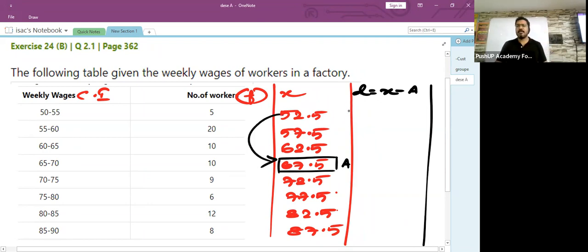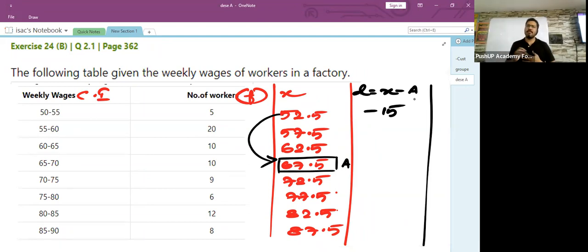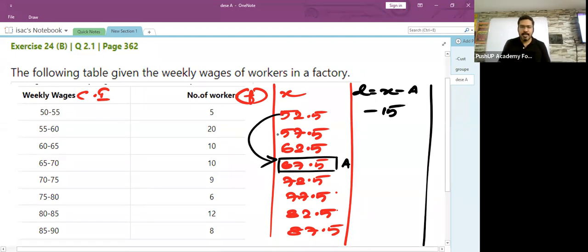Start doing it. 52.5 minus 67.5 is equal to minus 15. Am I right? 52 minus 67 is minus 15, so 52.5 minus 67.5 is also minus 15. Then 57.5 minus 67.5 is minus 10.